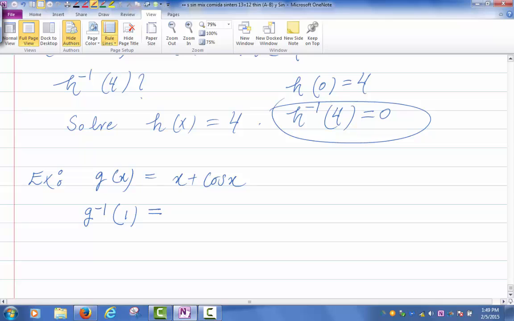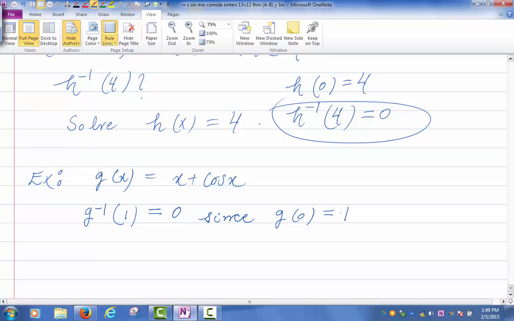Can you tell me what g inverse of 1 is? What's that? 1? 0. The g inverse of 1 is 0 because why? G of 0 is what? G of 0 is 1, so this would be 0. Since g of 0 is 1, right?